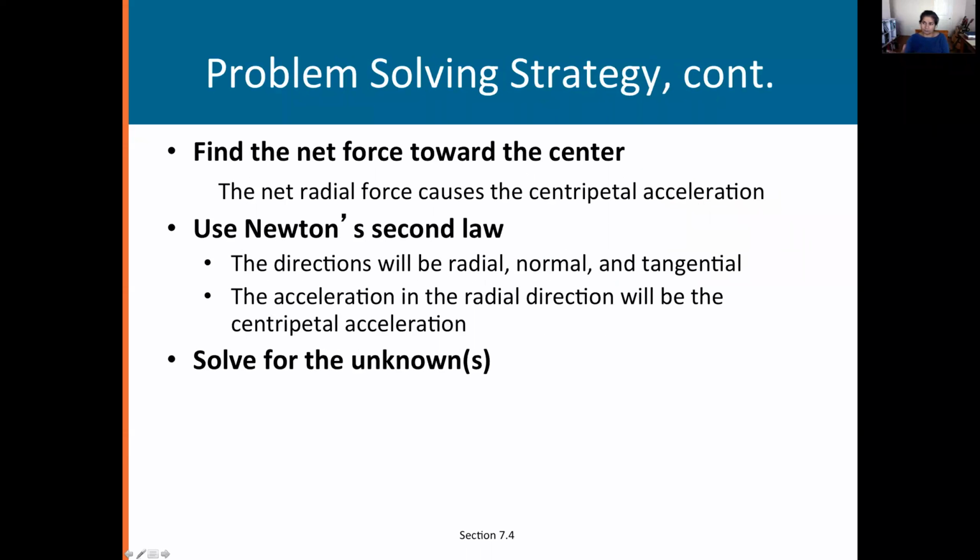You're going to find the net force towards the center and equate it to the centripetal force required. You're going to use Newton's second law, F equals m into a, whether you're looking for centripetal force or acceleration, okay? And you're going to separate out those two directions, radial and tangential. Along the radius, you'll have your centripetal acceleration. Yeah? Then you solve for the unknowns.